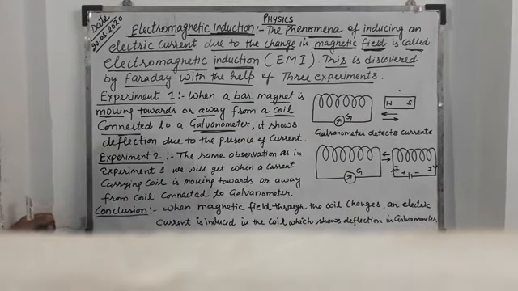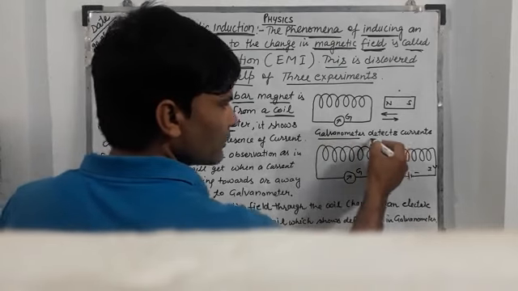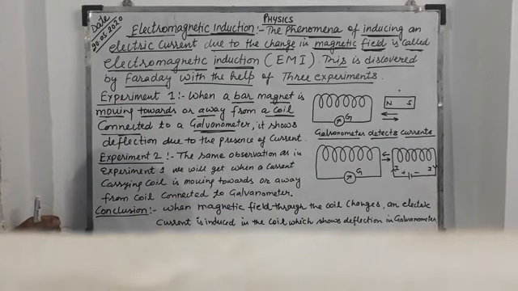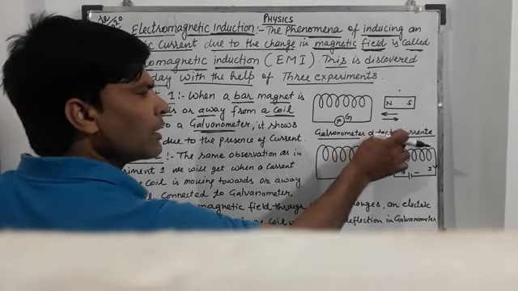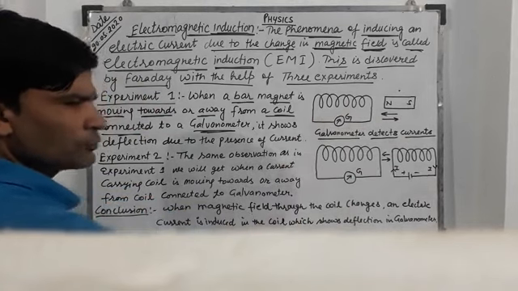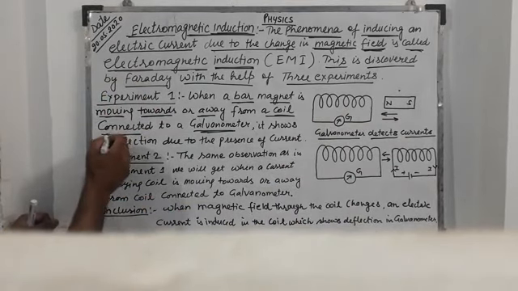What is a galvanometer? A galvanometer detects current in an electric circuit. It detects a very small current, so we use a galvanometer.